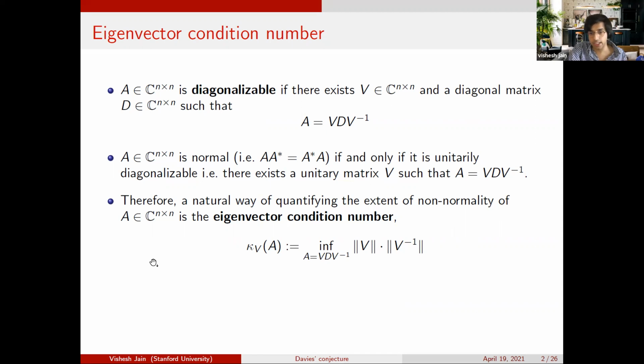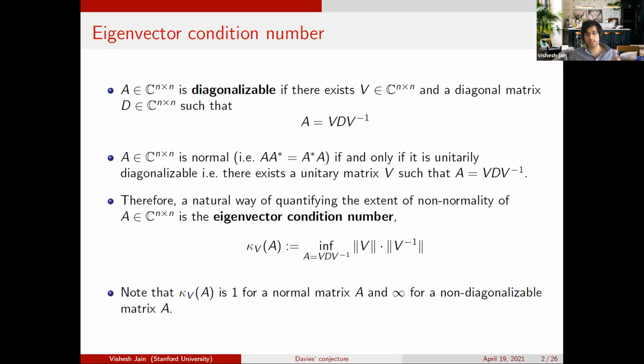Here I want to quantify the extent to which my matrix is not normal, and then you can introduce this eigenvector condition number. If my matrix is normal, then this thing is 1, and at the other end of the spectrum, if my matrix is not even diagonalizable, then this is infinite.